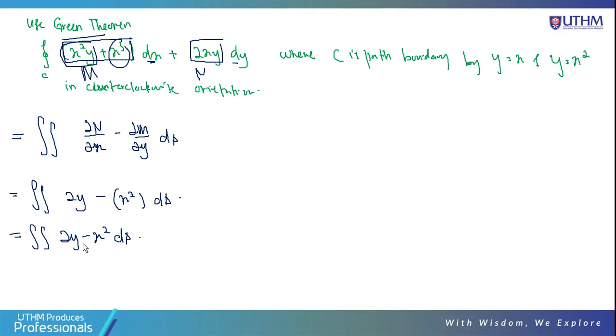So you need to find the boundary region. The region is given as y equals x. So you plot y equals x, bounded by the path boundary, so y equals x here, and then y equals x squared. Smiling shape, y equals x squared.